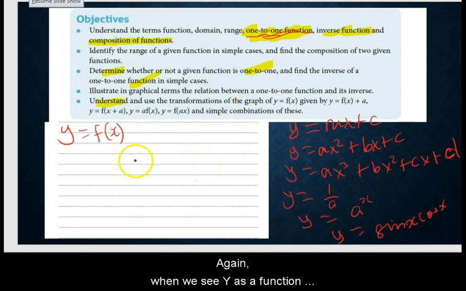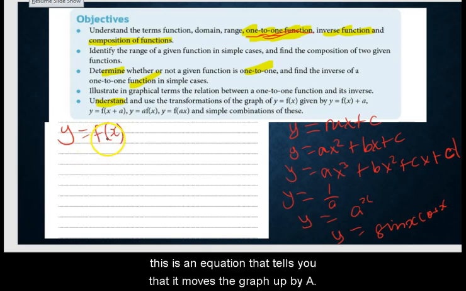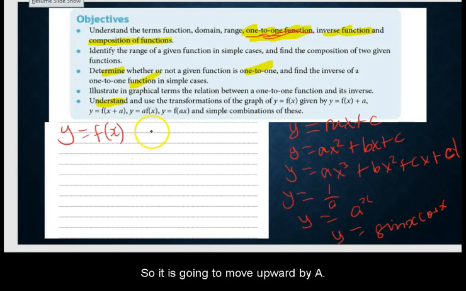Again, when we see y equals f of x plus a, this is an equation that tells you it moves the graph up by a. So it is going to move upward by a, right?